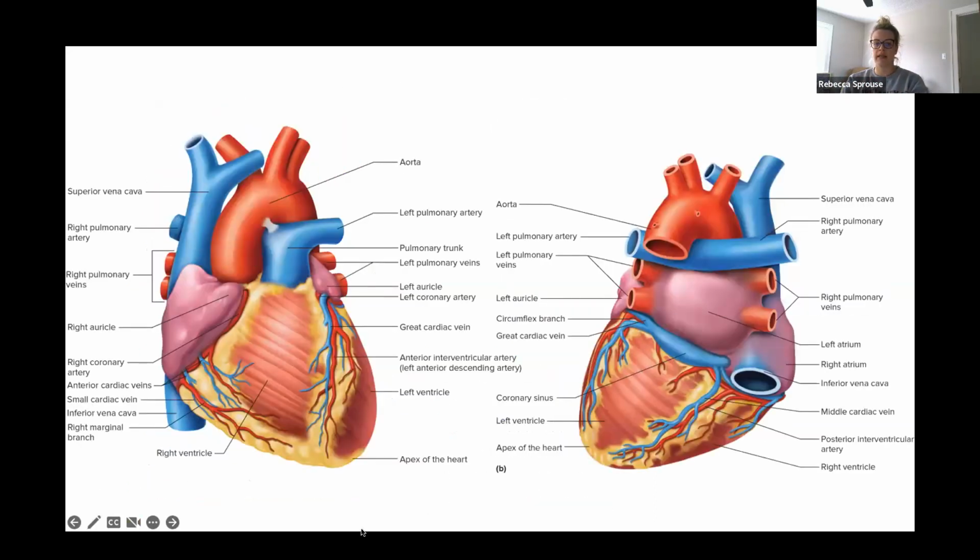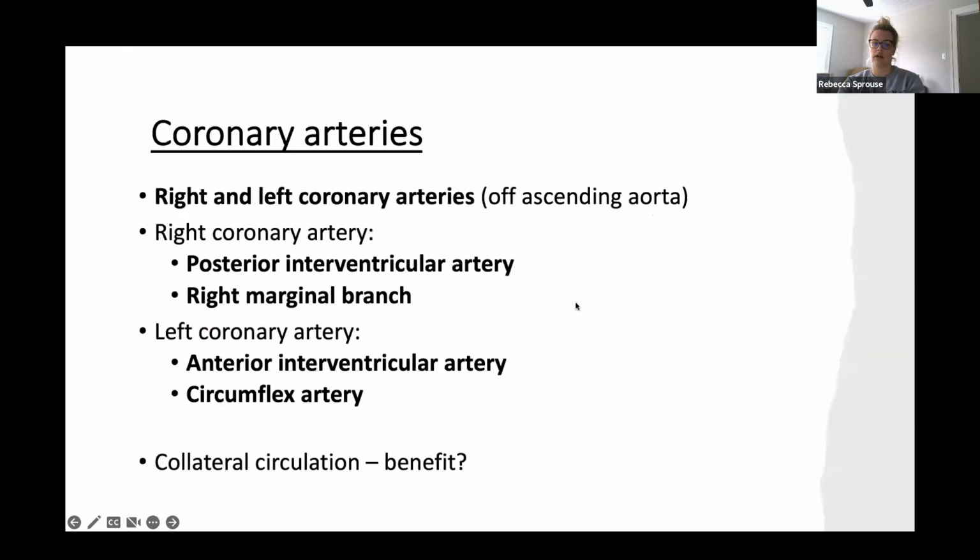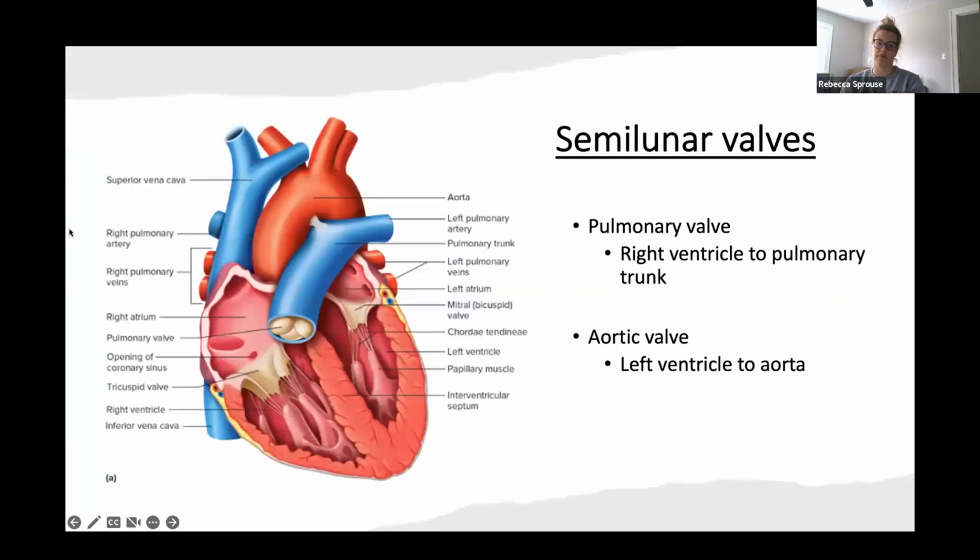So all the blood from the lower part of the body, all the blood from the upper part of the body, deoxygenated, comes back through the superior vena cava and the inferior vena cava, and those drain into this right atrium here.